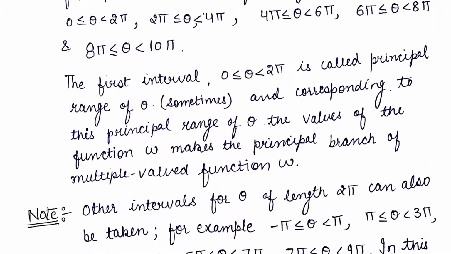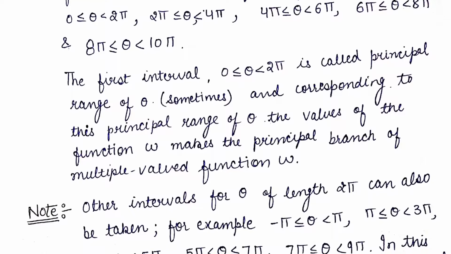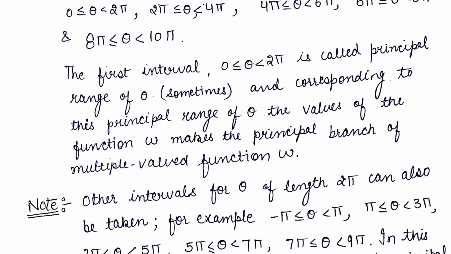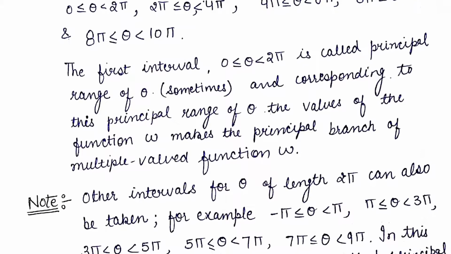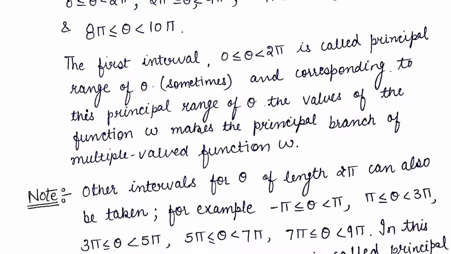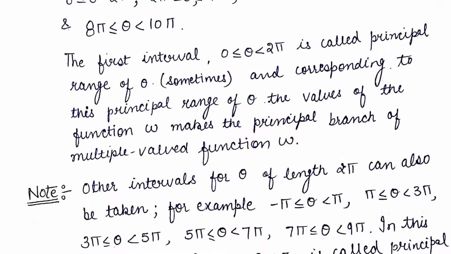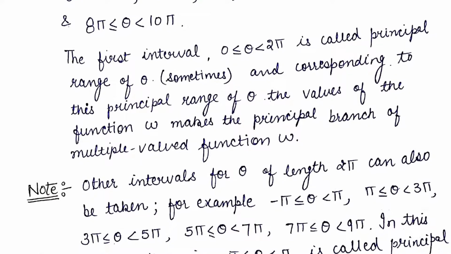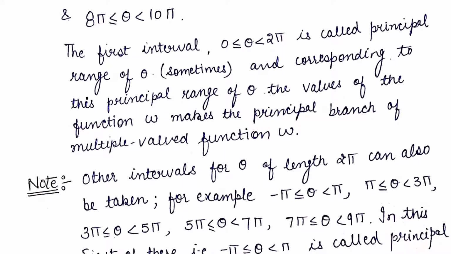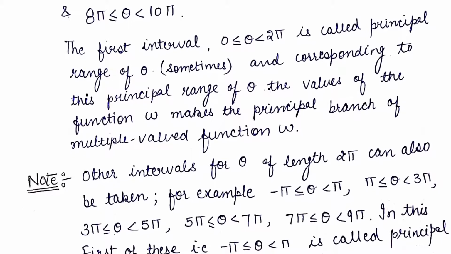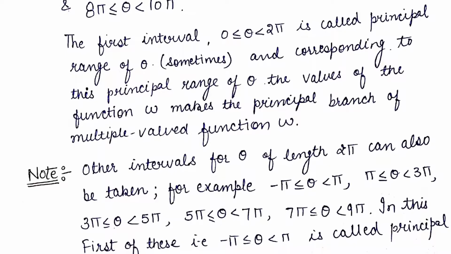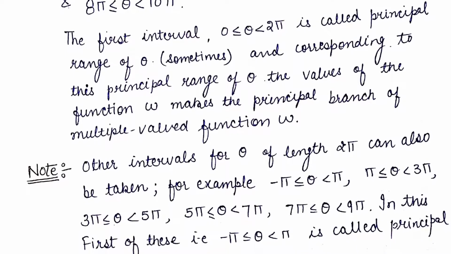For example, if we take that theta is greater than or equal to minus pi and strictly less than pi, theta greater than or equal to pi strictly less than 3 pi, theta greater than or equal to 3 pi and strictly less than 5 pi, and theta greater than or equal to 5 pi strictly less than 7 pi, theta greater than or equal to 7 pi strictly less than 9 pi.